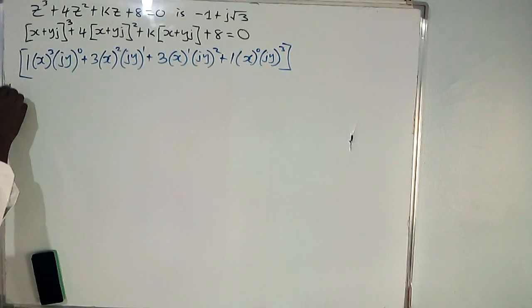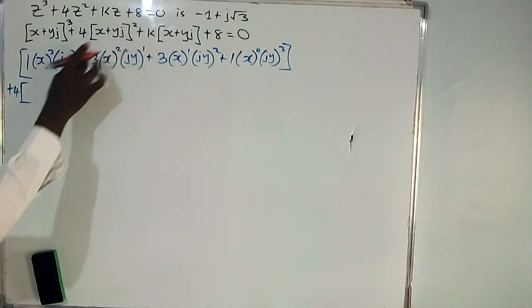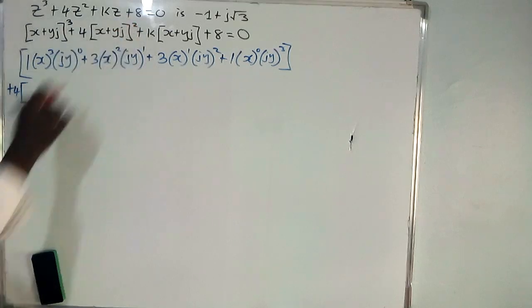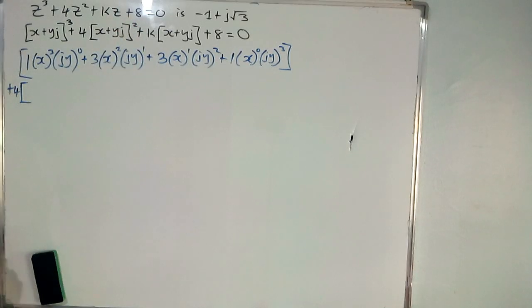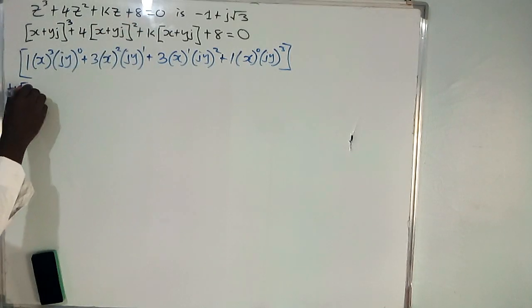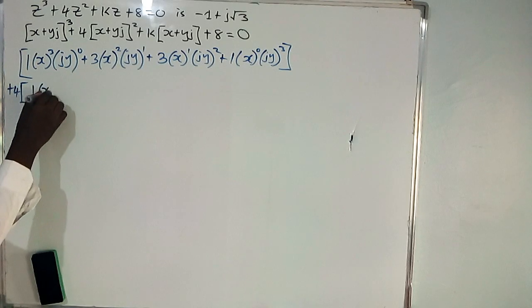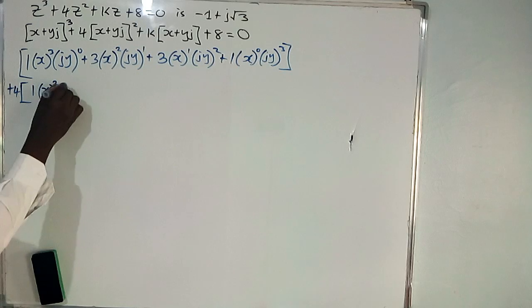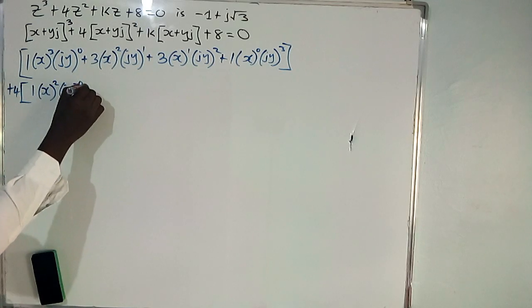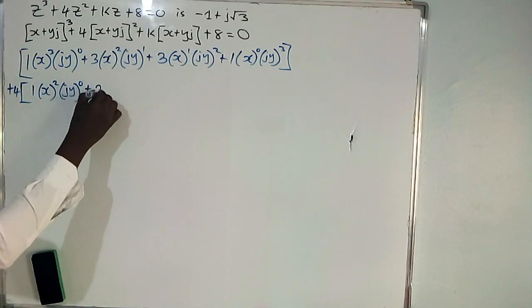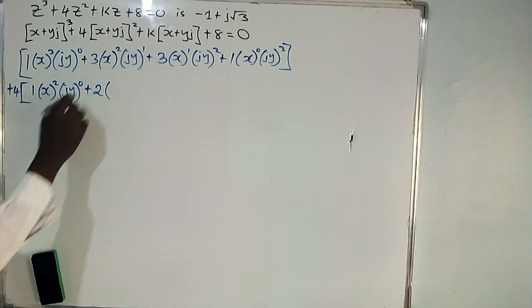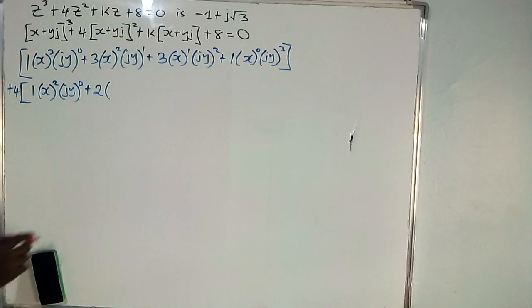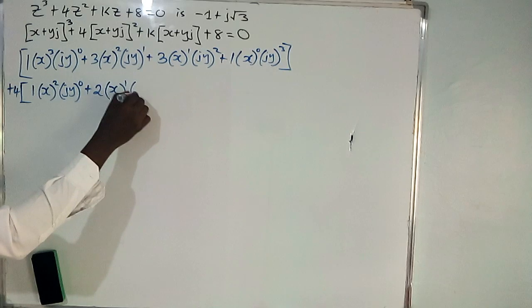Then it is plus 4 into (x plus yj) squared, using binomial. When the power is 2, the first coefficient is 1, then x is raised to power 2, and yj is raised to power 0. Then the coefficient of the second term when the power is 2 is 2, then x is raised to power 1, and yj is raised to power 1.